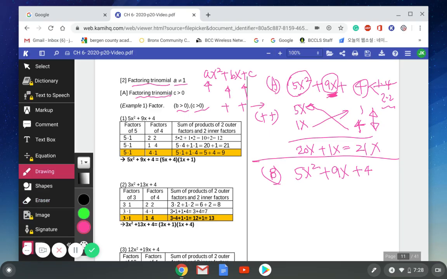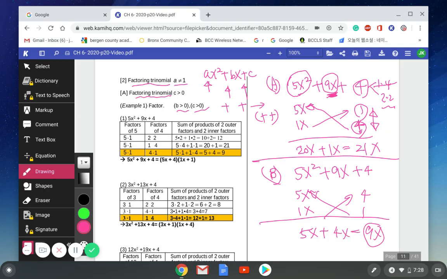So 5x with a 1x, instead of 1 and 4, try 4 and 1 and cross multiply. And then you end up with 5x plus 4x. That makes 9x. So check, you made the middle term.